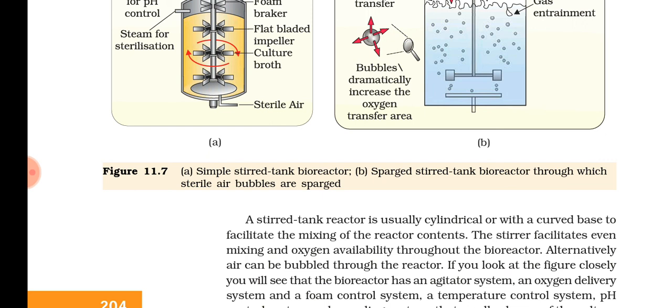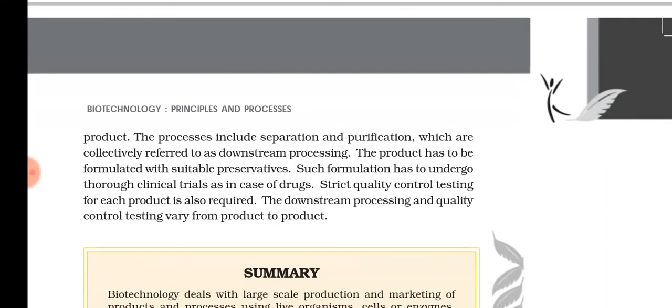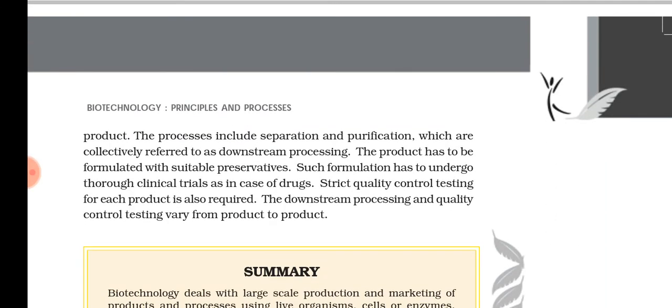Understood? So that is the difference between these two bioreactors. So you can see that downstream processing is a method of purification and separation of the product obtained from the bioreactors, and the methods used vary for different kinds of products.